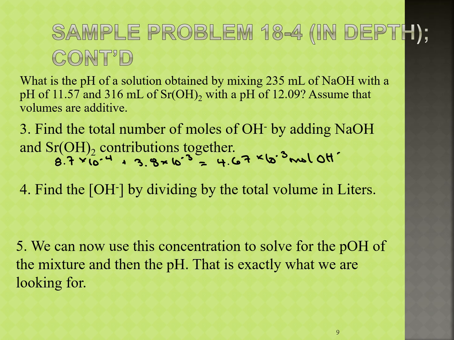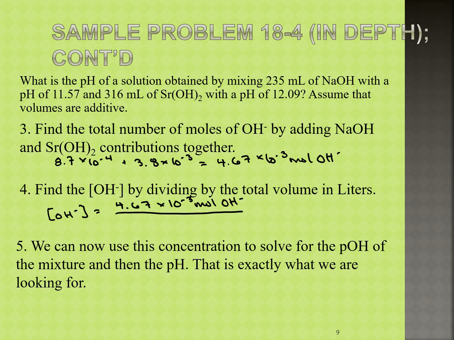Now we're going to find the hydroxide concentration by dividing by the total volume in liters. So the OH concentration is going to be the moles of hydroxide, which is our 4.67 times 10 to the minus 3rd moles, divided by the total volume.